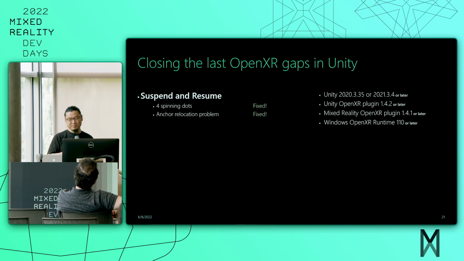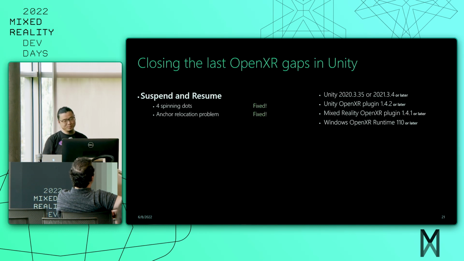This bug involves several weak spots in Unity, in our plugin, and in our runtime. A lot of them are related to race conditions, so when this bug shows up, it actually shows different things. A lot of customers told me they hit this, but they don't know what's going on. Sometimes the hologram gets stuttered when you resume your app.